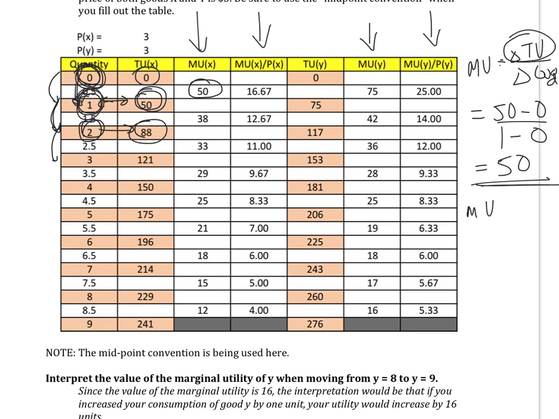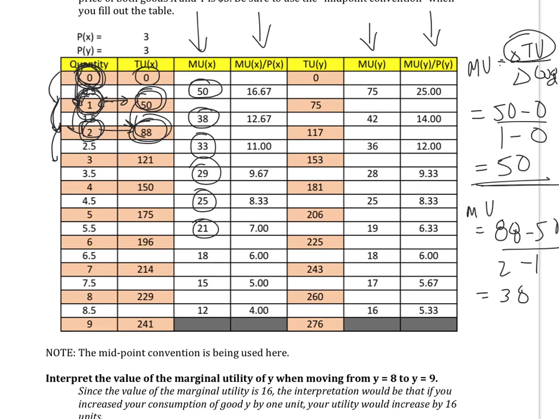So our marginal utility is going to be equal to 88 minus 50, so the change in the total utility, divided by the change in the amount of the good consumed. So 2 minus 1, and we get 38, which is that. So if you just keep doing that as you go down, you should confirm that you get these particular values. Okay?